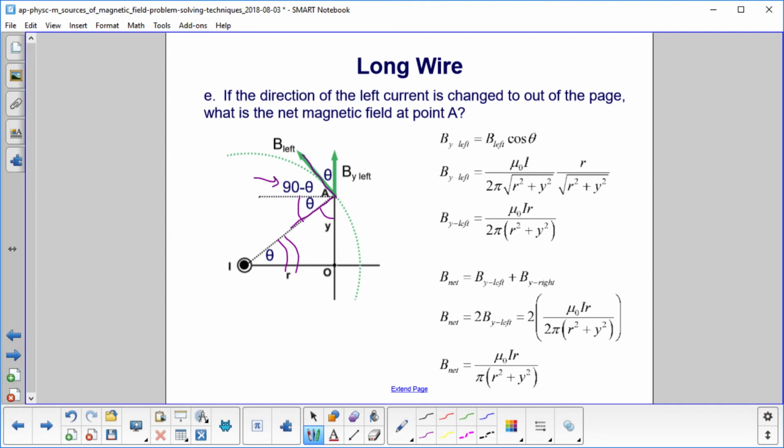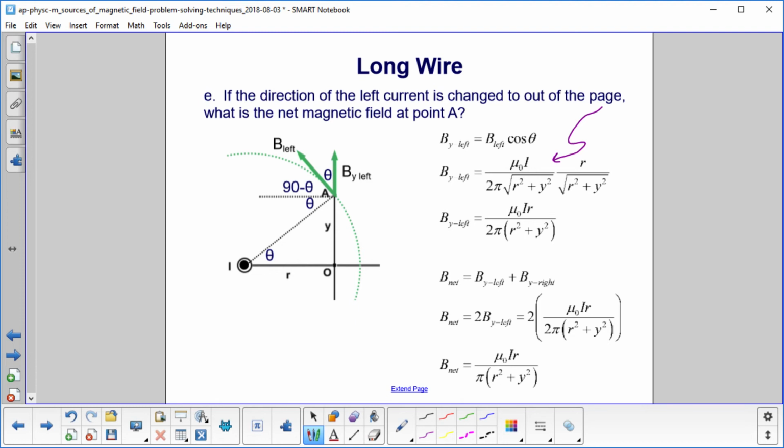And then we have this line like this. We go up here, and we find that this angle is theta. So I'm sure there's quicker ways of doing it with different math theorems, or you can just brute force it out like that. That's kind of fun. So in this case, the y component is going to be B left times cosine theta. So we take some of the work we did on the previous page.